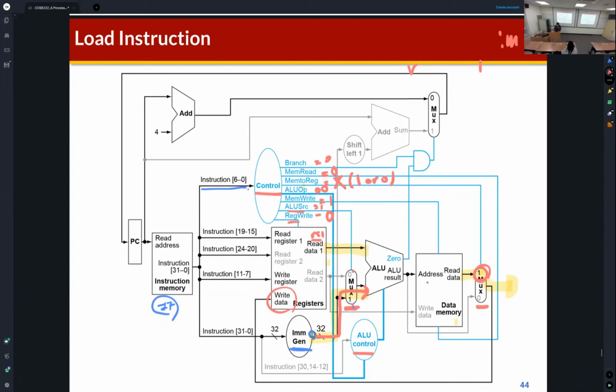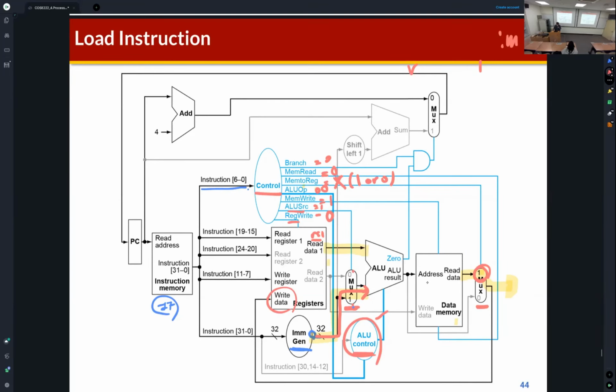The main control unit receives the opcode field from the instruction, and based on the definition of the instruction, we can easily generate the control signals for the current instruction. And then the ALU control unit generates the final ALU operation control signal based on the funct3 or funct7 field and the ALUOp signal. Okay. That's the control signal of a single cycle RISC-V processor.